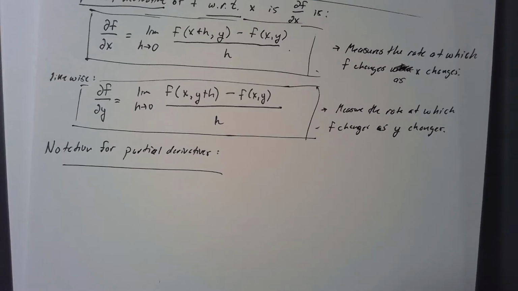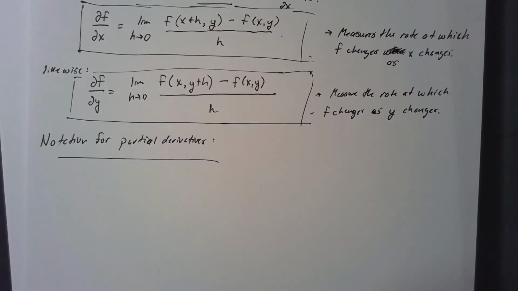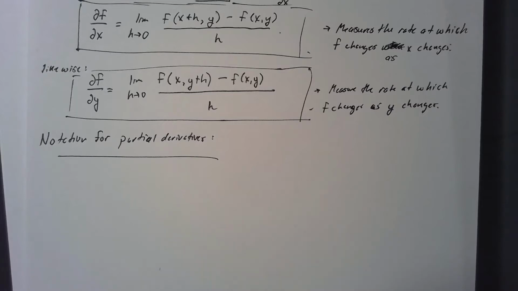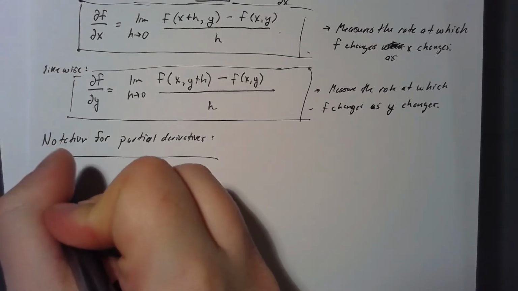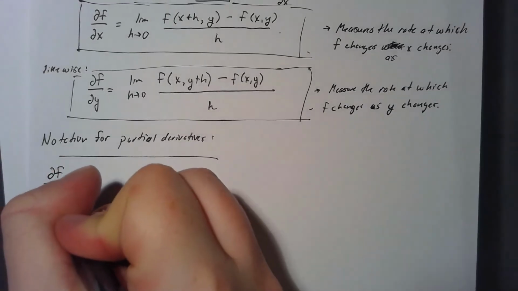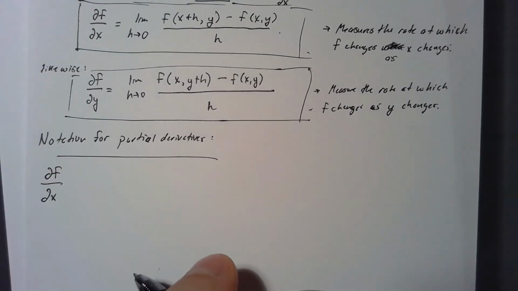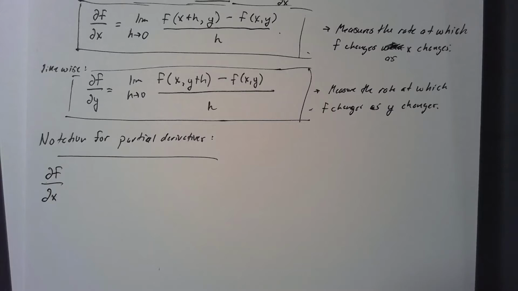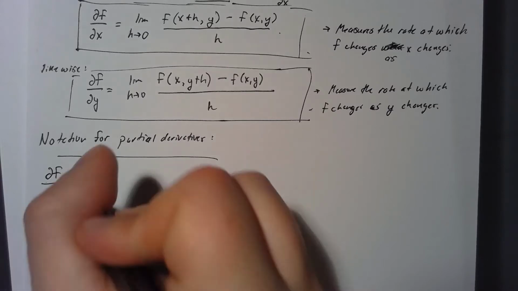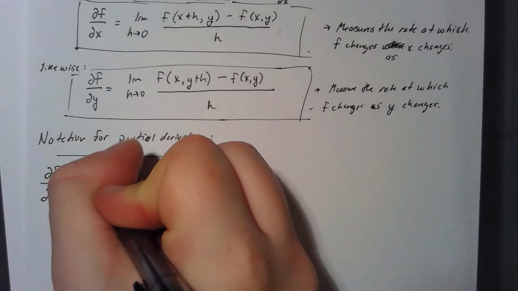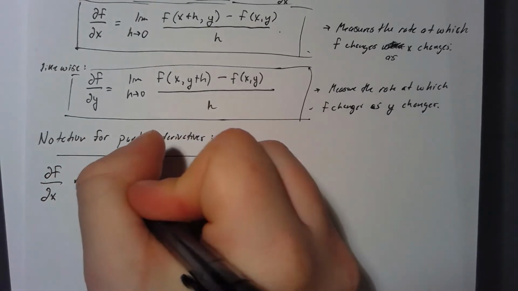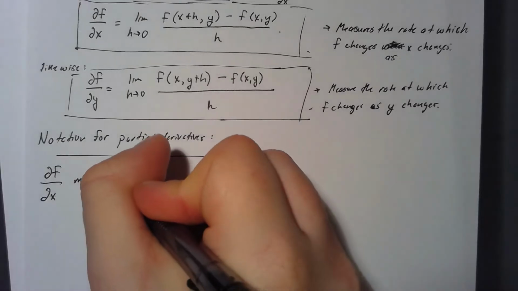So just like there's a number of ways you could illustrate a derivative with single variables, you could do it with multivariables as well. So df dx, the partial derivative of f with respect to x, you could write it as f with a subscript of x.